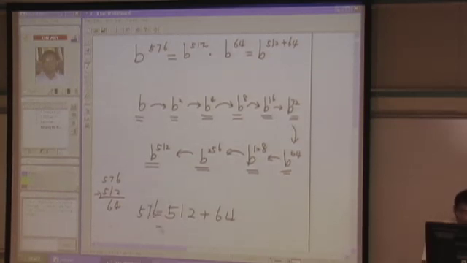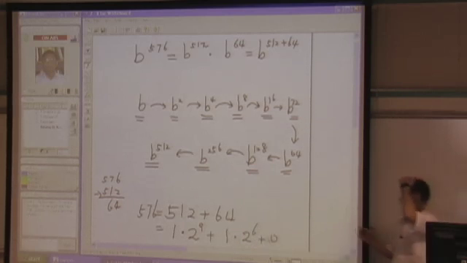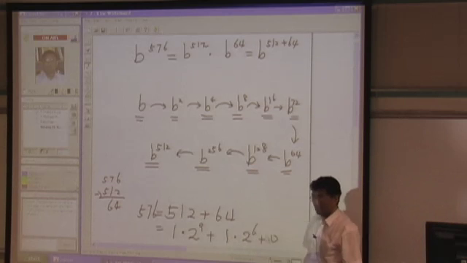And then this can be written in terms of 2 to the power of something. 2 to the power of 9 multiplied by 1 plus 2 to the power of 6, 1, and then 0, right? All other places have 0, right? So this is the key.